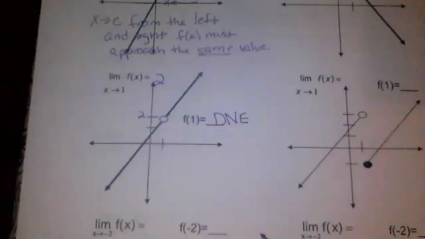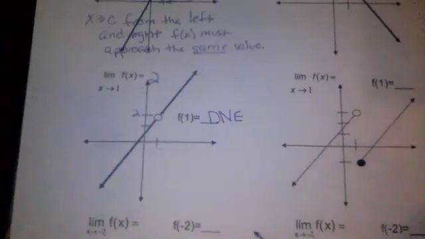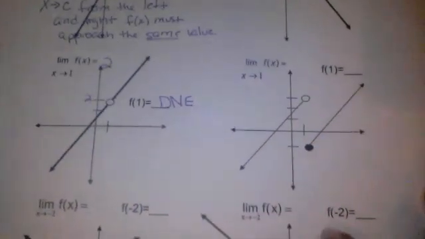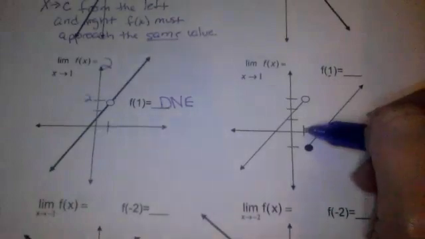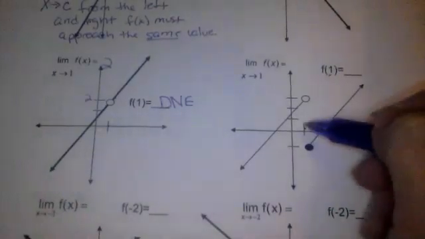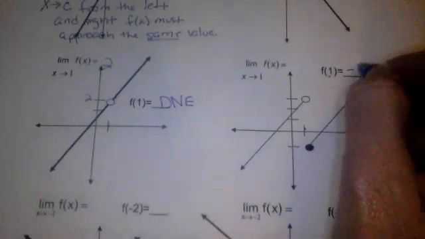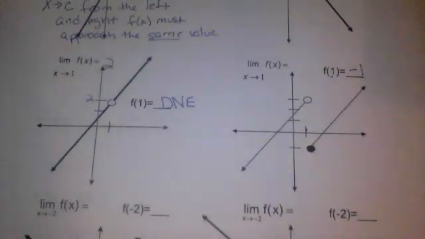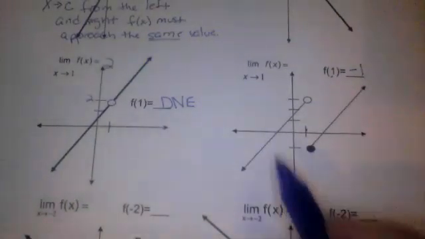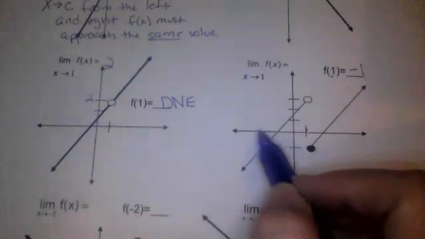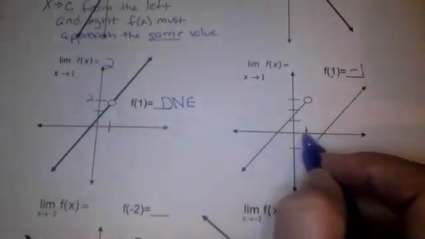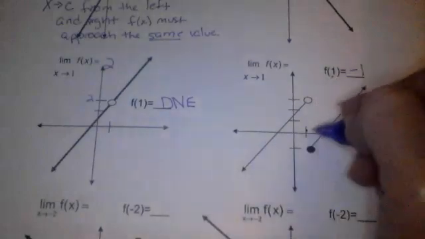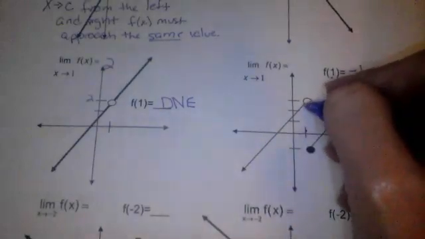Okay, so let's go ahead and look at the next one. For this one, I want to find the output at 1, and I have an output value. It's where the circle is closed in. So the output value is -1. Okay, so as I come in towards the limit as x approaches 1 from the right, from this side, and I go to where the output is, it would be up here somewhere.